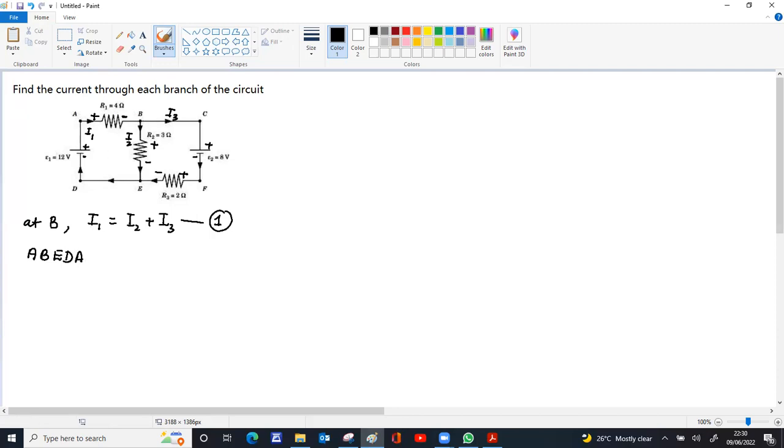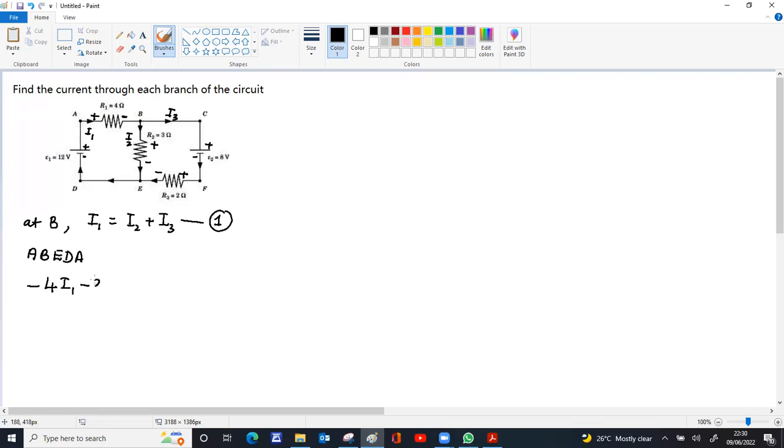A to B, I1 into 4, but the leaving terminal is negative. From A, it enters through positive, leaves from the negative. So minus 4 times I1. B to E, again, B is entering through positive, leaving from minus.